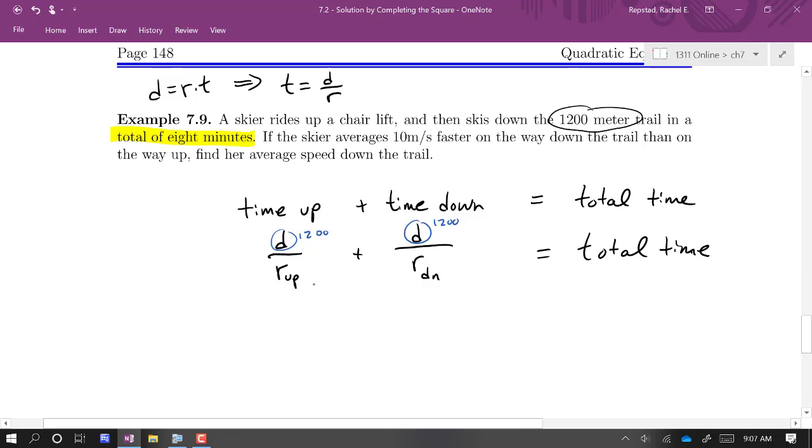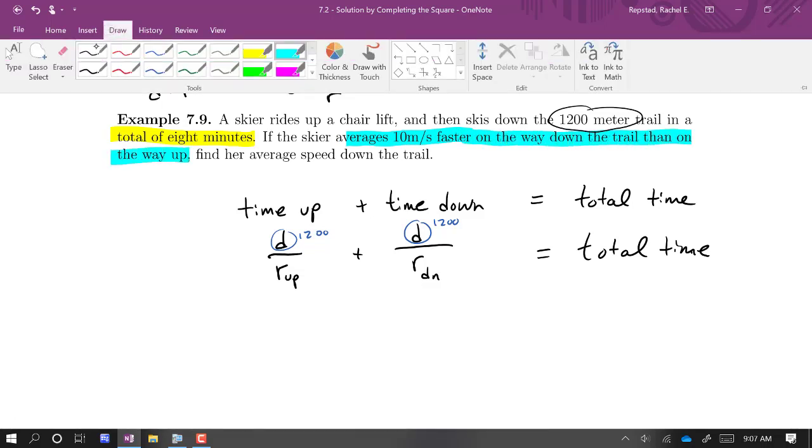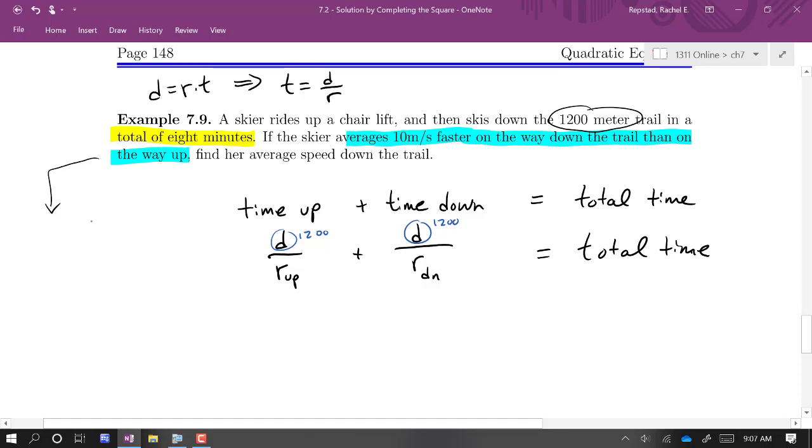So we end up with 1,200 over the rate going up plus 1,200 over the rate going down. It looks like we've got these two variables, these two different rates. But they also tell us that the skier averages 10 meters per second faster on the way down than on the way up. So we can use that to write an expression.